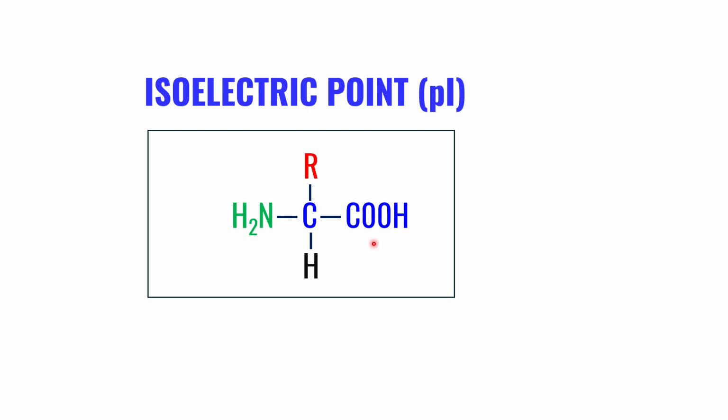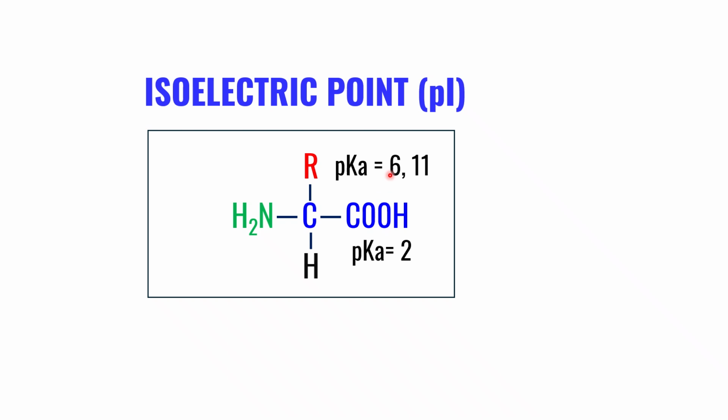And the second thing is you should know the characteristic pKa value of each group. For example, the carboxylic group has a pKa of about 2. The side chain pKa depends on the type of the R group.